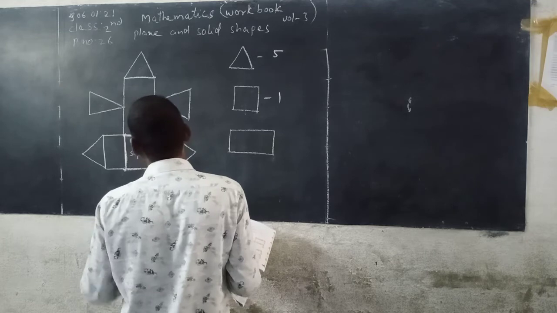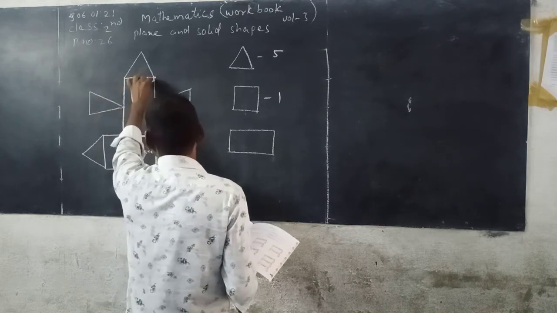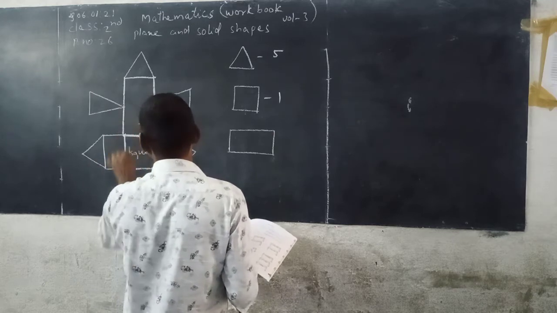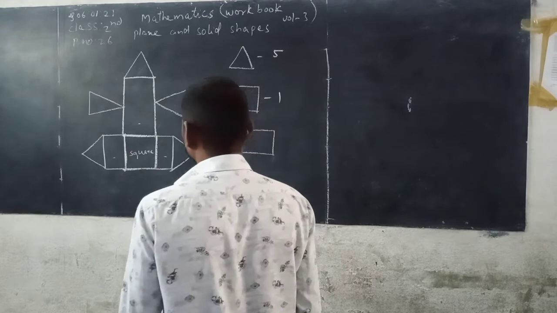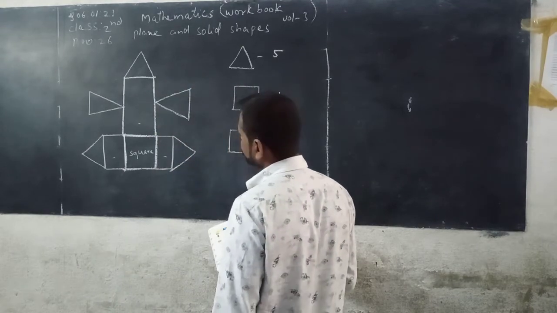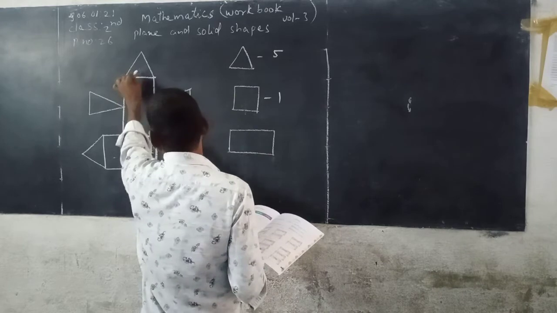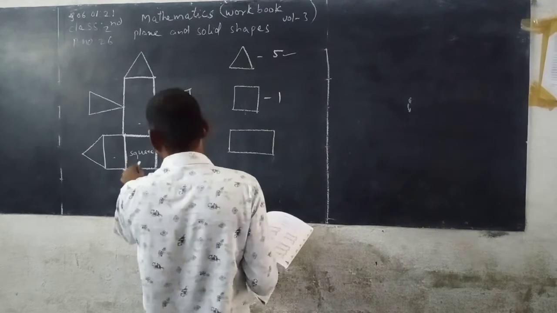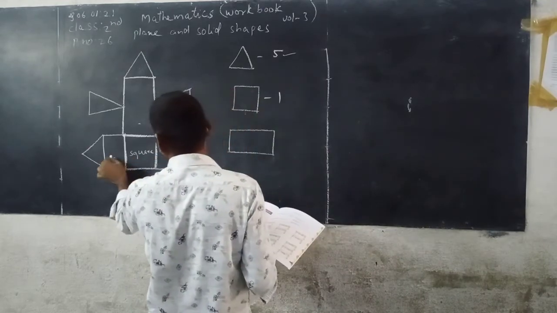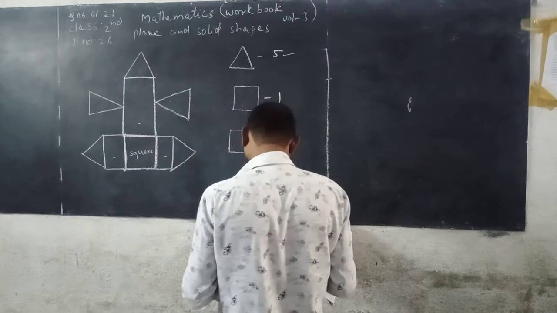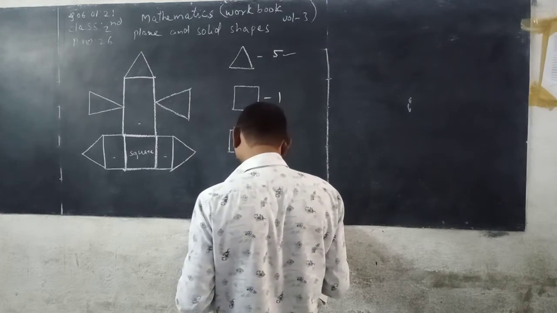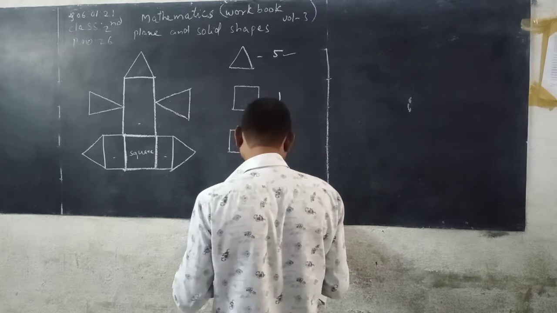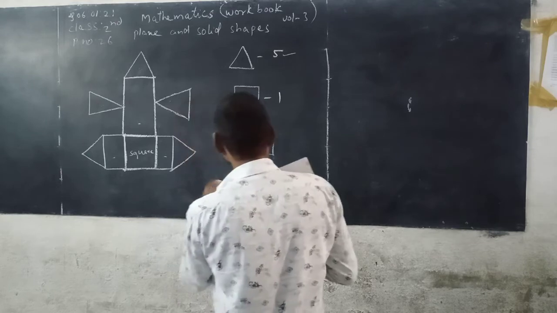How many rectangles are there, beta? Count. 1, 2, 3, 4, 5, 6, 7, 8, 9. So how many rectangles, beta? 3 rectangles.